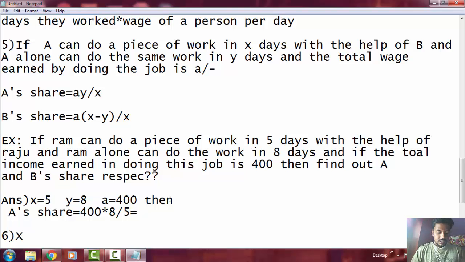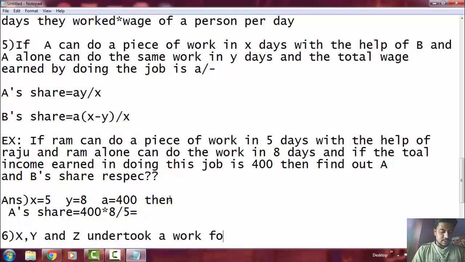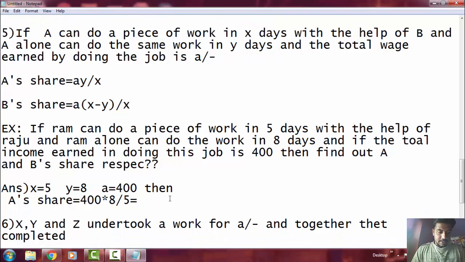Now next concept: x, y and z undertook a work for A rupees, and together they completed m by nth work.